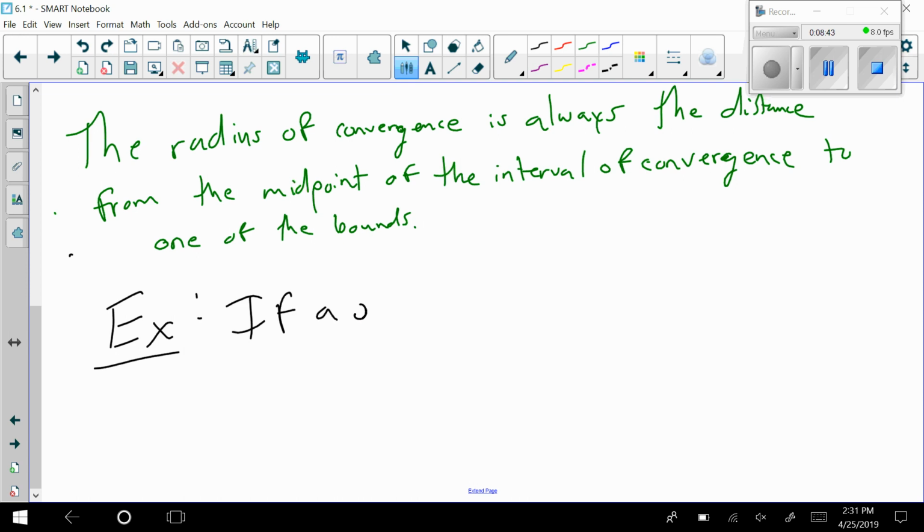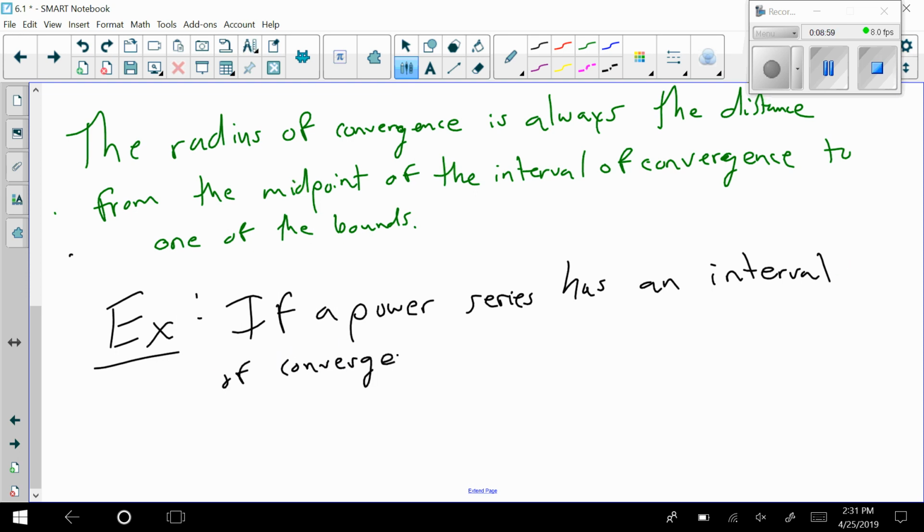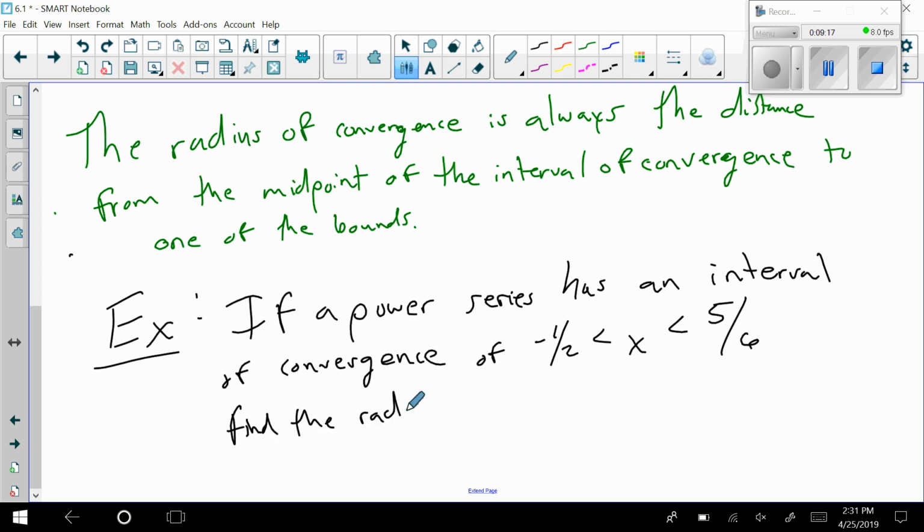If a power series has an interval of convergence of, let's say, x is between -1/2 and 5/6, and I want to find the radius of convergence.